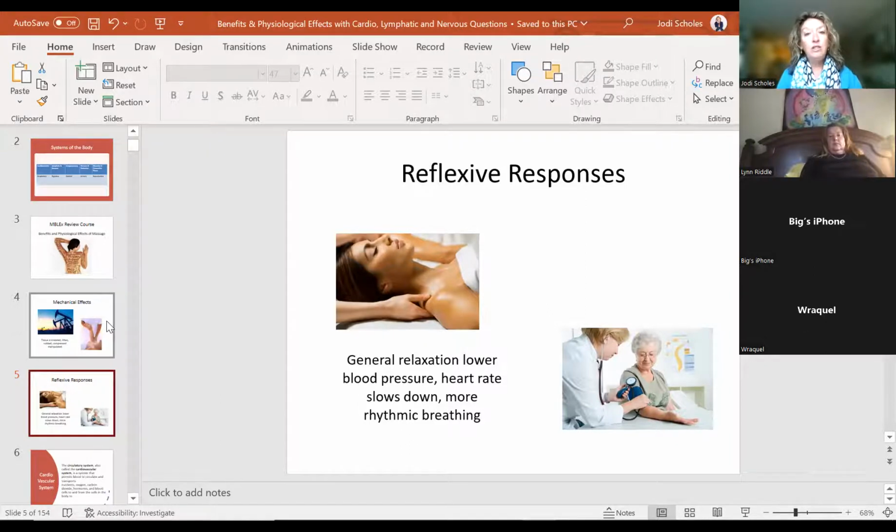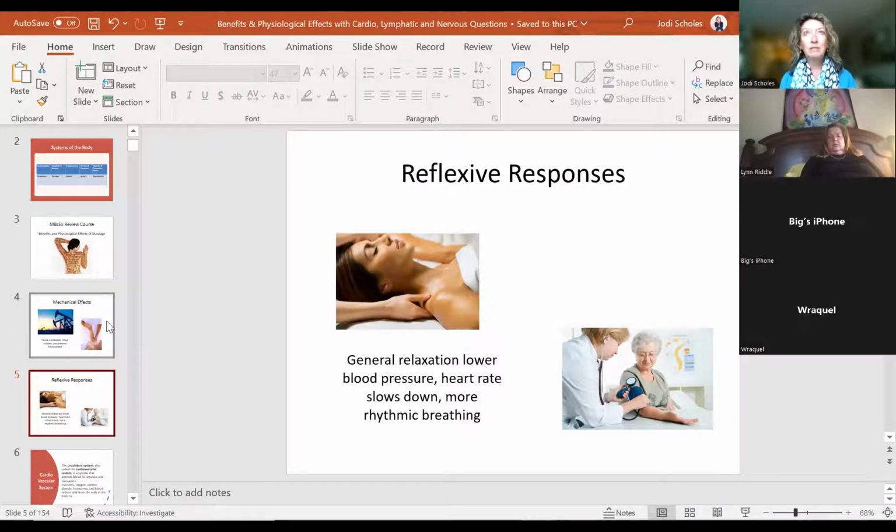Now, if we do massage on the stomach, say we do the colon stroke on the stomach, and we think we're physically moving along some of that matter, not really. We're encouraging it to move along. Sometimes, yeah, we're physically manipulating the intestinal tract, but typically, digestion is a reflexive response. It's something the body is doing naturally.